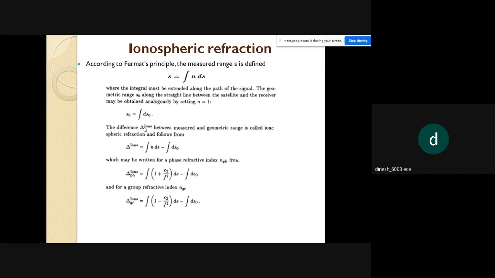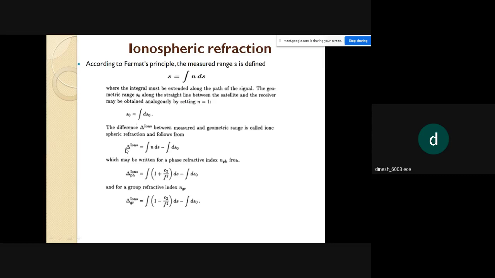The difference between the measured and the geometric range is always called ionospheric refraction. The difference between the initial geometric range and the measured range gives the ionospheric refraction.